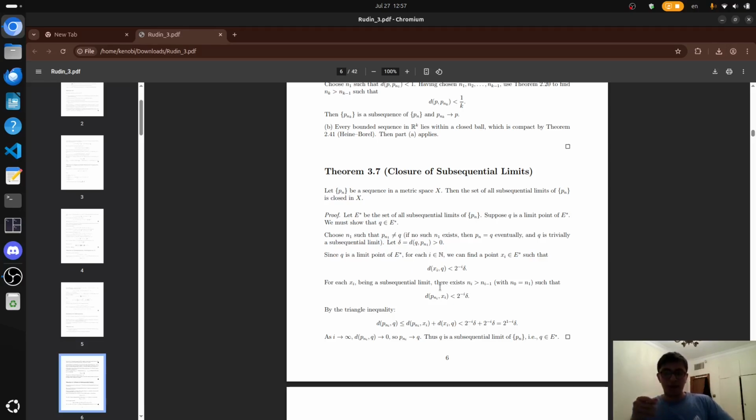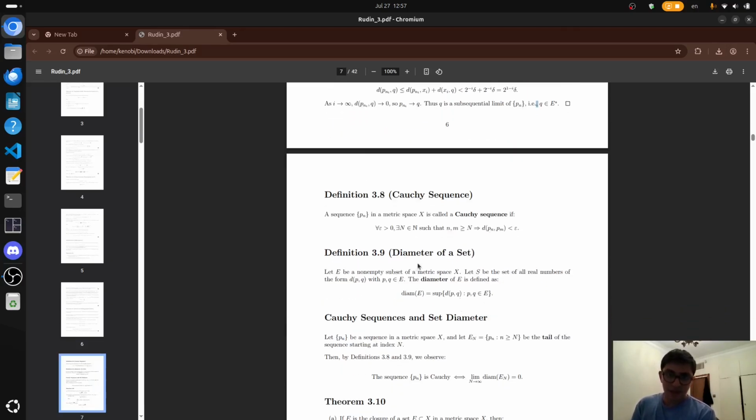Any number that's greater than 0, doesn't matter how small it is. So basically both are limited, and you can just add them together and get the triangle inequality, right? And as i goes to infinity, the distance between Pni and Q goes to 0, so Pni goes to Q. Thus, Q is a subsequential limit of Pn, so Q is in E.